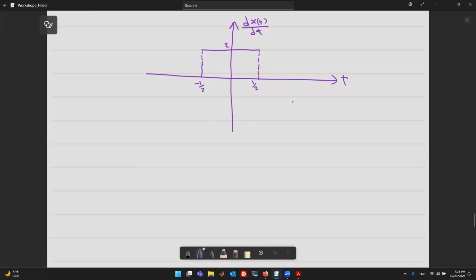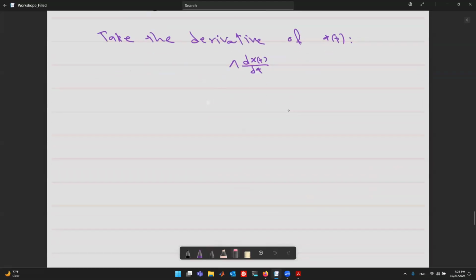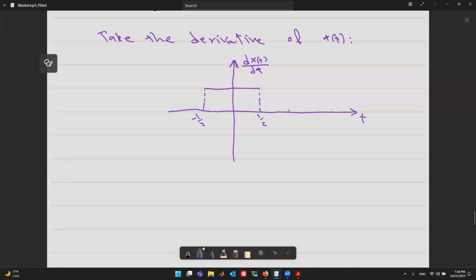My drawing is bad. I'll do it again. So from -1/2 to 1/2 is just 2.